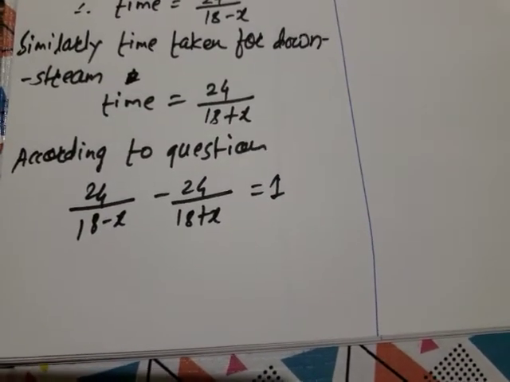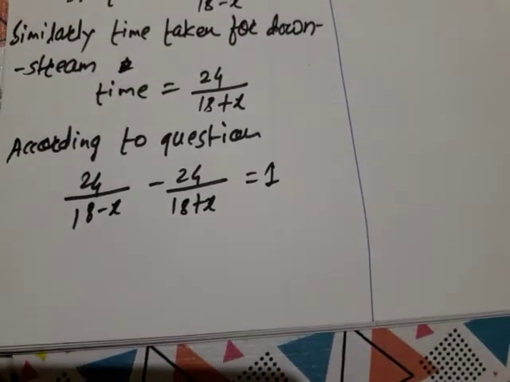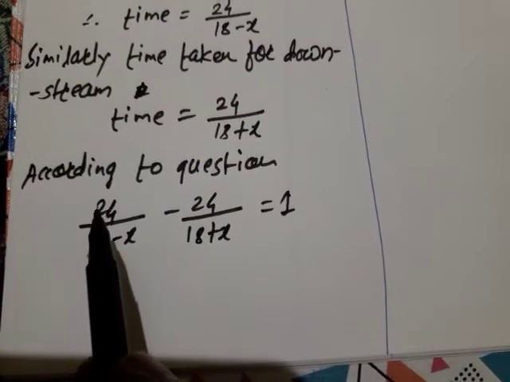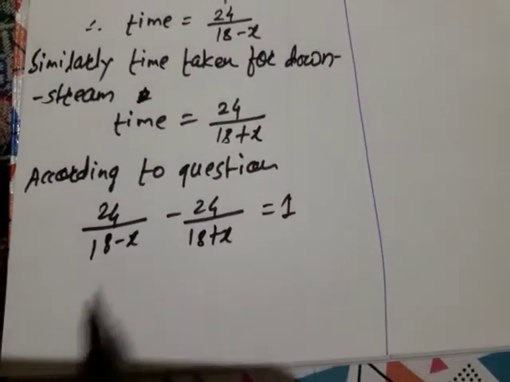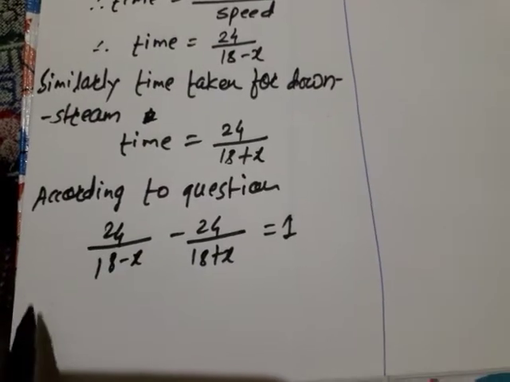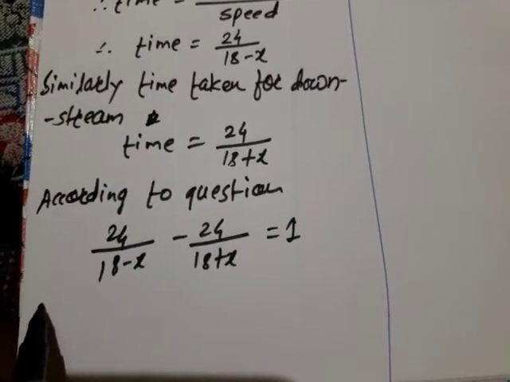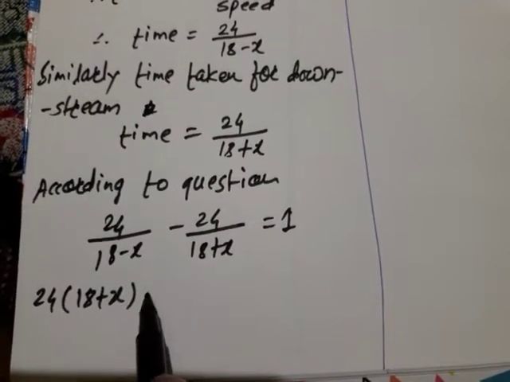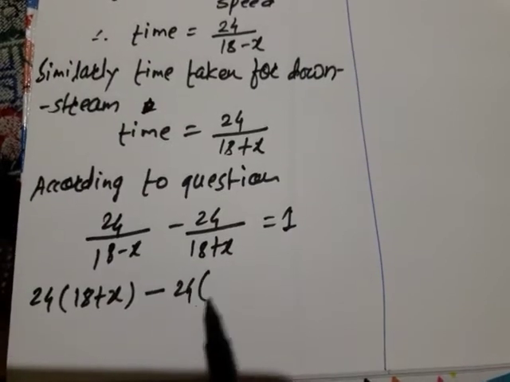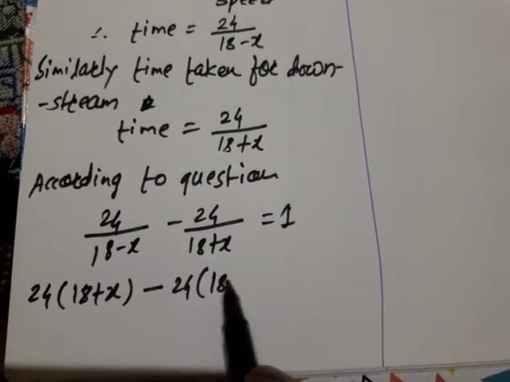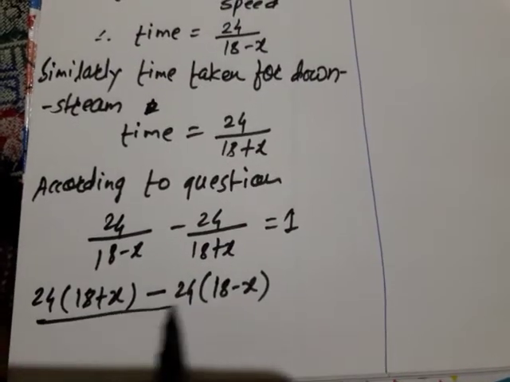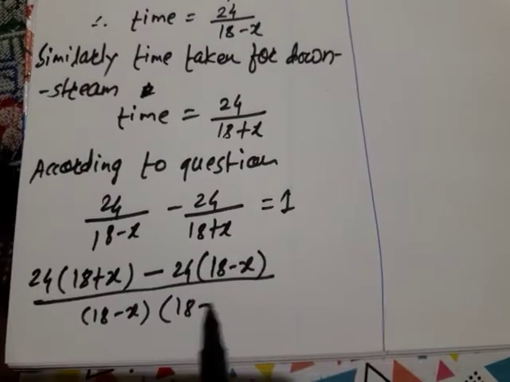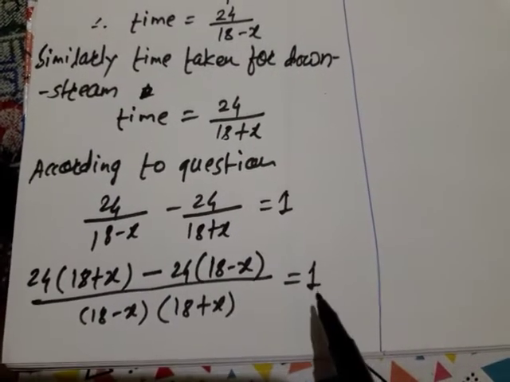Otherwise we can do cross multiplication, that is also correct. Okay, we will do cross multiplication: numerator into denominator, denominator into numerator, and in between the sign is minus. Look here, what will happen? 24 in bracket 18 plus x, minus 24 in bracket 18 minus x, divided by denominator into denominator, 18 minus x and 18 plus x, is equal to what? 1.